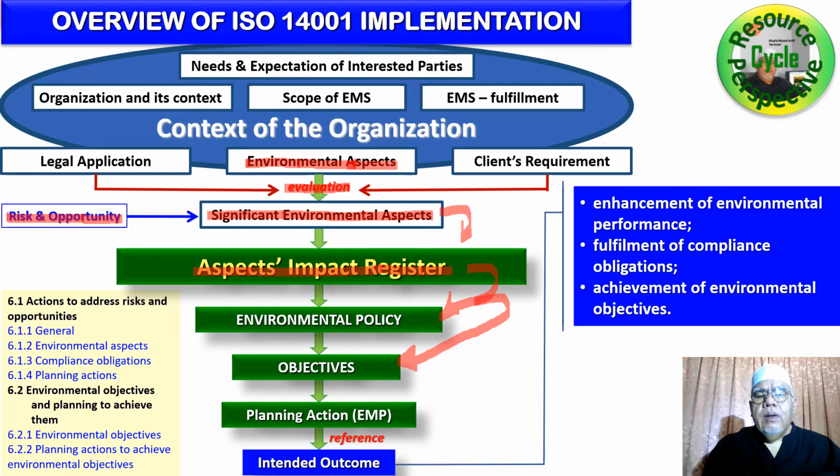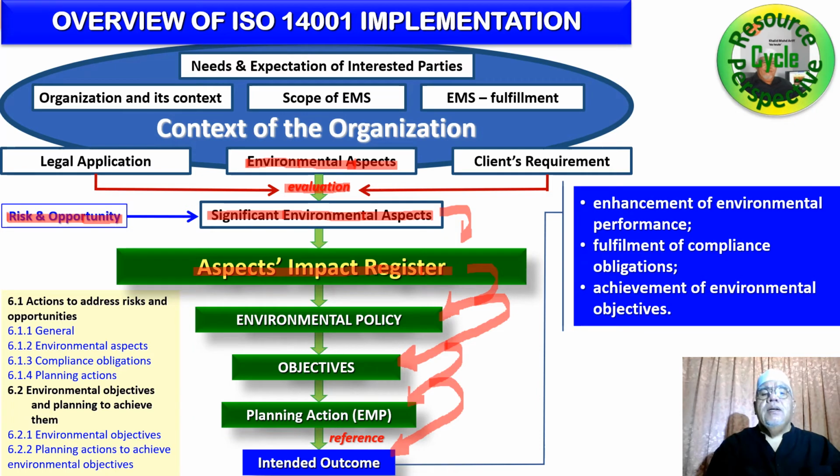Okay, and then once that is laid, this is very important: who does what, when, and how much. Even finance is included in the new version 2015 standards, and all this has got to tally and be consistent with your intended outcome.